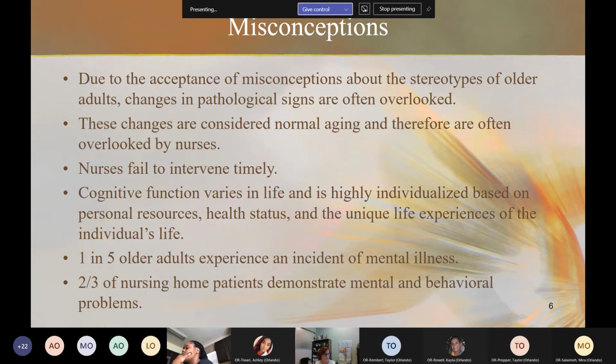And so 2/3 of the nursing home patients demonstrate mental and behavioral problems. So we have to think about the stereotypical and make sure that we're not stereotyping our older patients, but maybe there is something physical going on with the patient that's causing some of the behaviors.